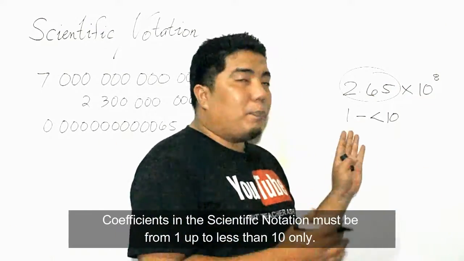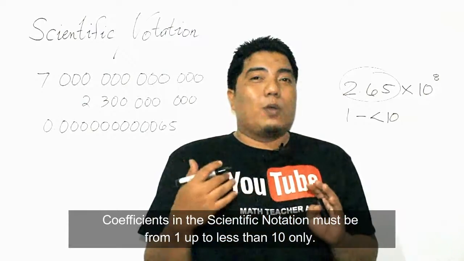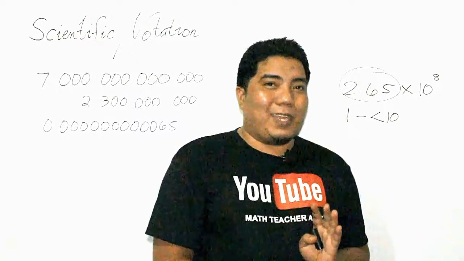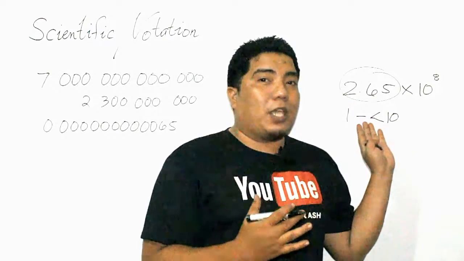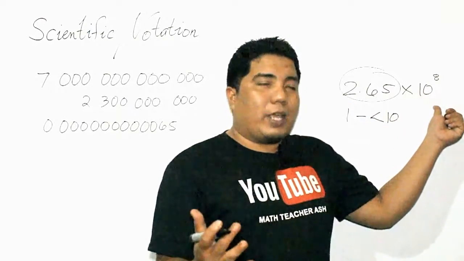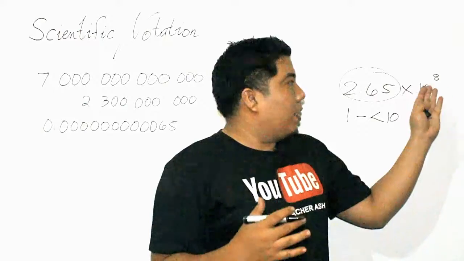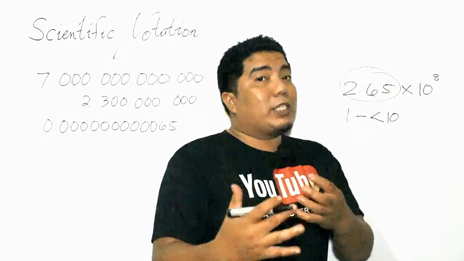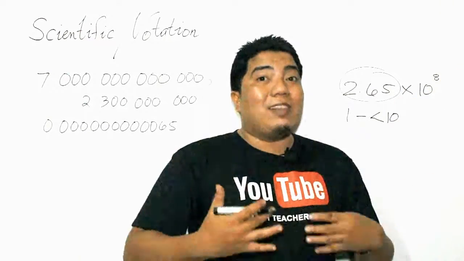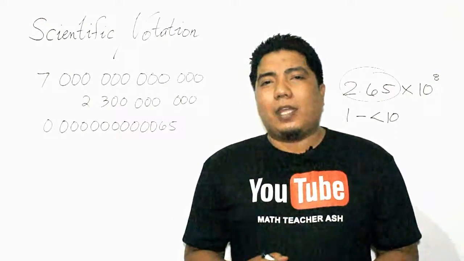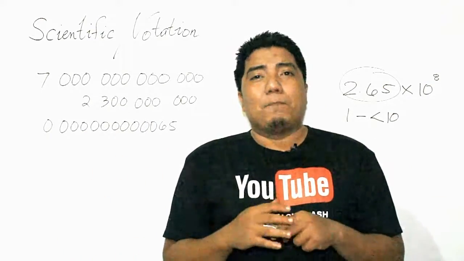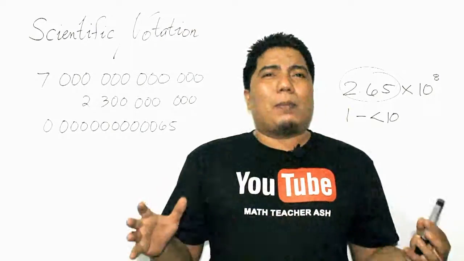So, 1 point something to 9 point something. So, that is the proper way of writing the coefficient. While your exponent, that is 10 to the power of 8, this times 10 will always be there, but your exponent will be depending on how many movements you made from your original decimal point. Okay, so what am I talking about?